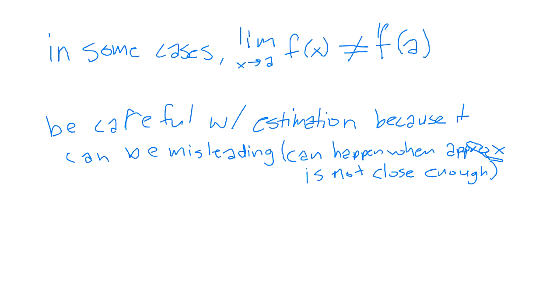All right. So now that we have those little disclaimers out of the way, let's move forward. Let's think of some ways that are always going to be foolproof whenever we're looking at limits. Because, like I said, estimation is helpful, but you also have to be careful when you're estimating.